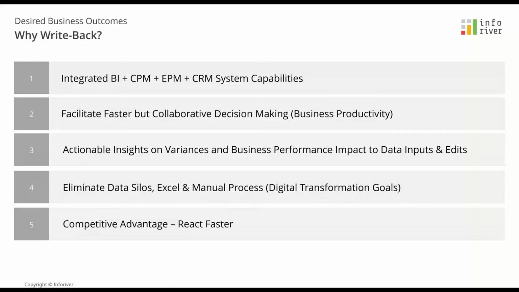Because the data is getting captured in multiple different systems today, the goal with the write-back is: can we eliminate the data silos and a lot of the manual and Excel-based processes to align with the digital transformation goals of the organization?